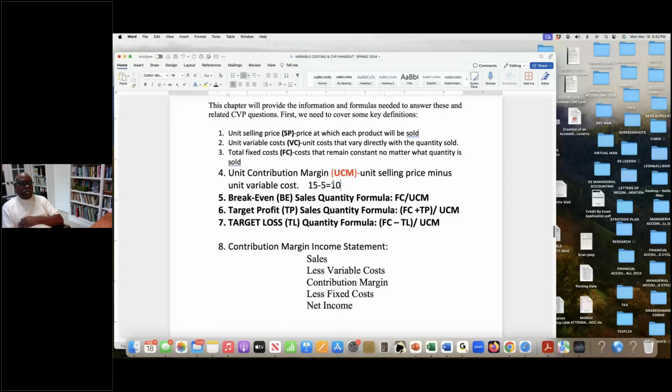Hopefully you see this calculation. Unit contribution margin is 15 minus 5 equals 10. Any questions on that calculation?